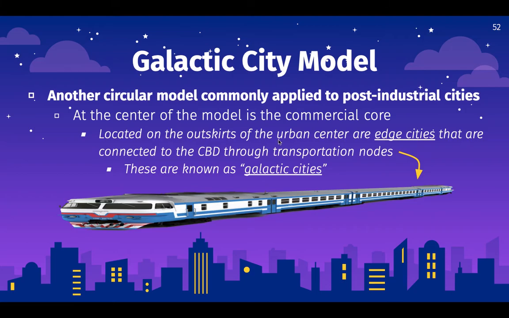And they create these transportation nodes, public transportation, that get people from those edge cities to the city center, the central business district. And so transportation is easy. We have multiple nuclei spread around this larger metropolitan area, and this has turned into what we call the galactic city model.